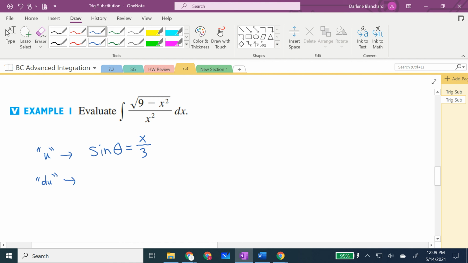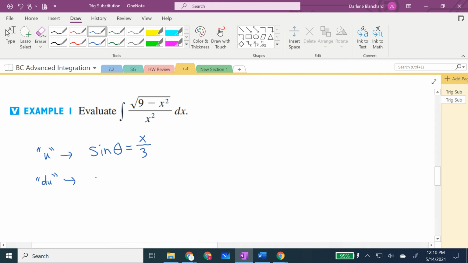Now, before, we could just say something like du dx and take the derivative. Here, though, we're kind of differentiating implicitly. But the implicit part of it, I'll explain in a moment. Let me first just do the derivative without saying too much.